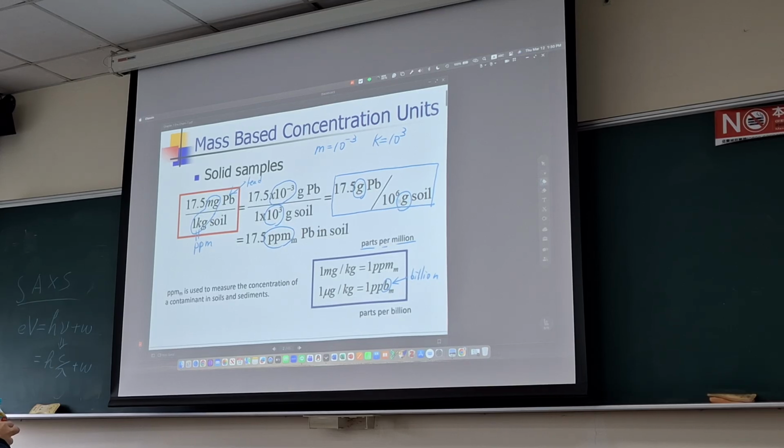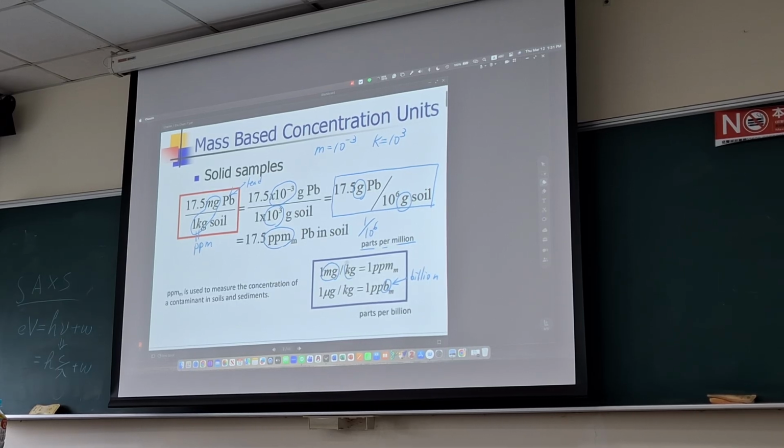So as I just told you, ppm stands for parts per million, right? So this equals 1 over 10 to the power of 6. So this amount equals ppm. Understand? After this conversion, we also know 1 milligram per kilogram equals 1 ppm.